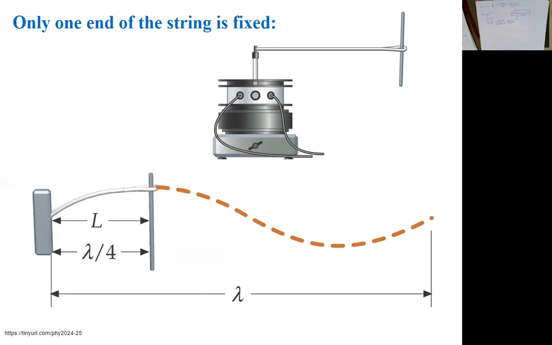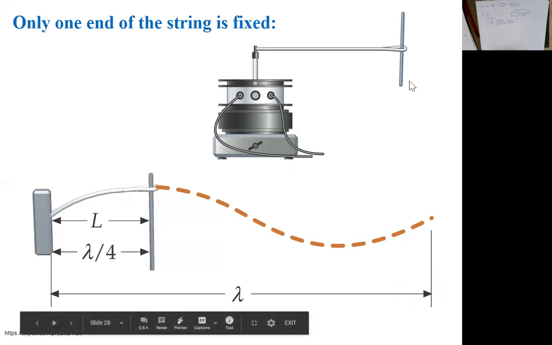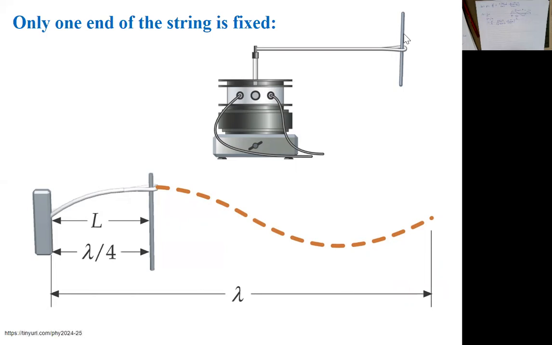Now, what if one end of the string is fixed and the other end is open? For example, if there's just a loop here that is attached to the rod, then this end can move up and down as well. If this end is fixed, then this end is moving up and down.